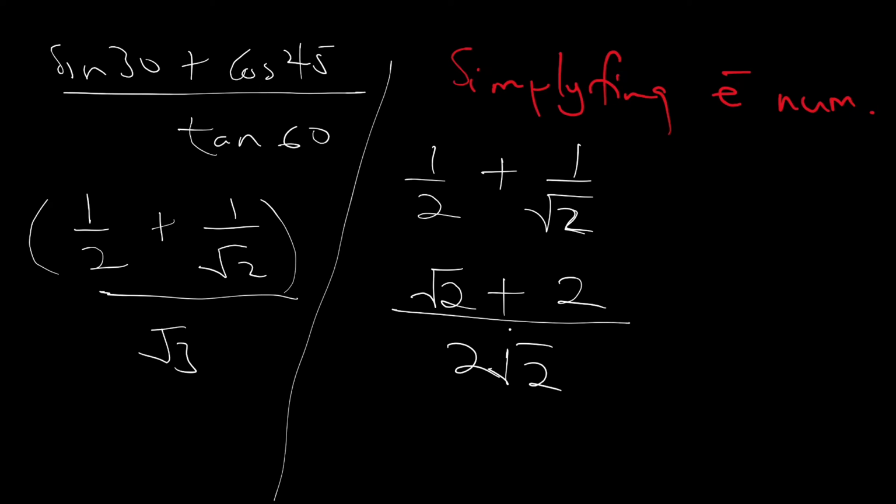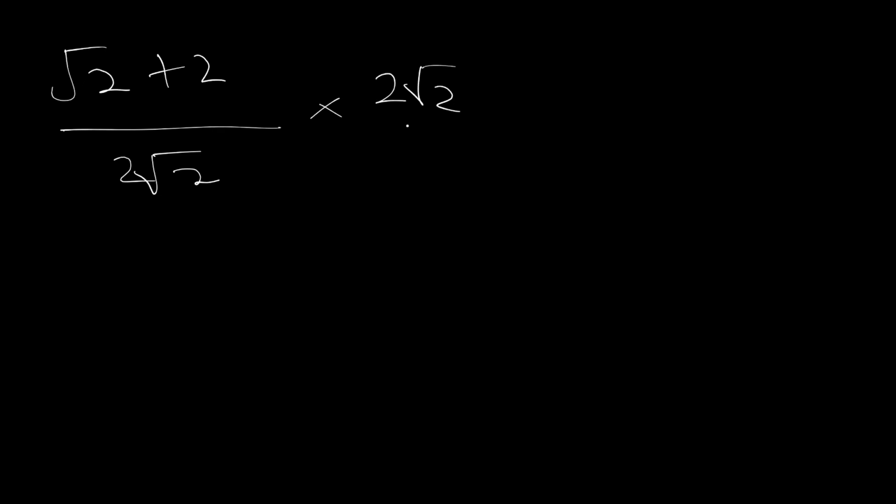Since our denominator contains a square root, to rationalize our fraction, we multiply here by 2 root 2. And we do the same for the denominator too. So in this case, you have square root of 2 plus 2 all over root 2 times 2 root 2 over 2 root 2.